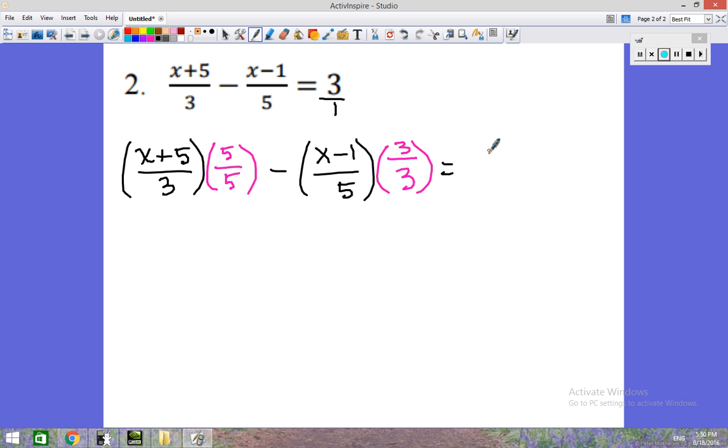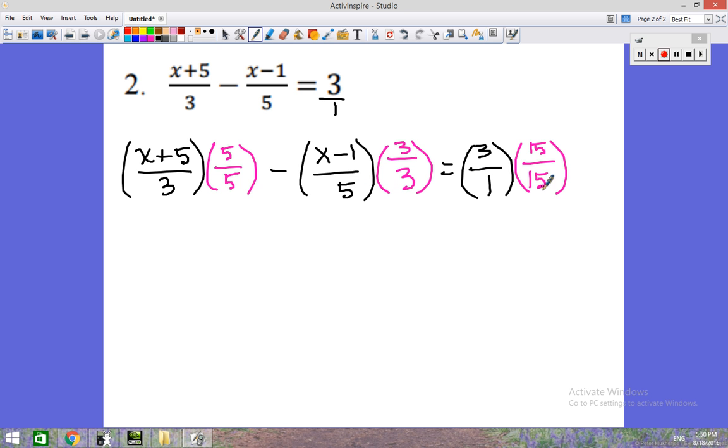Now on the right-hand side, this 3 over 1, well, that 1 is not 15, so I multiply this by the number 1 and write it as 15 over 15. All right, so this denominator, 3 times 5, hey, it's 15. 5 times 3, that denominator is 15.